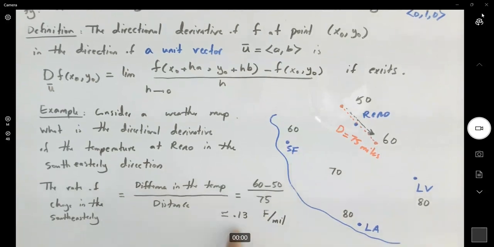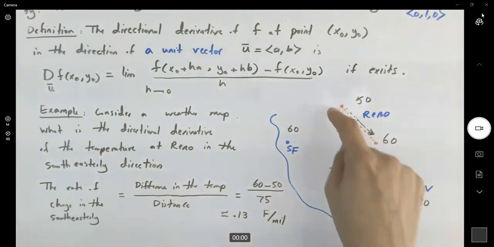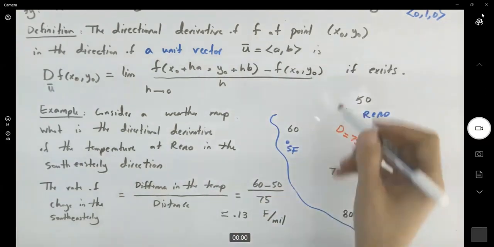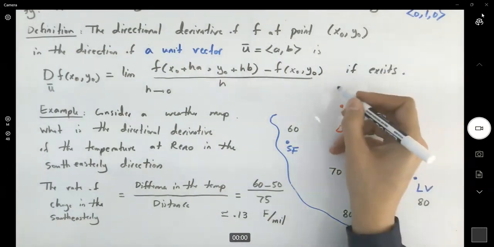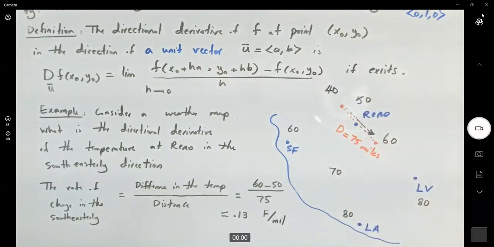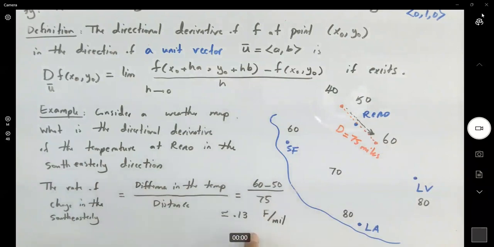We expect this rate of change to be positive because the temperature is rising in this direction. If I change the direction, for example, if I go up, the temperature might be decreasing, so I'm going to get a negative rate of change.